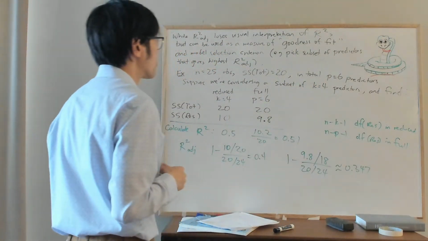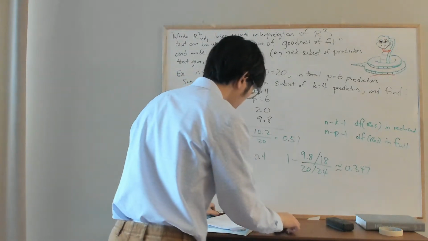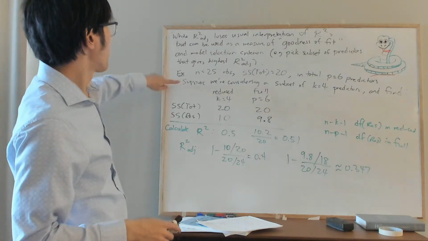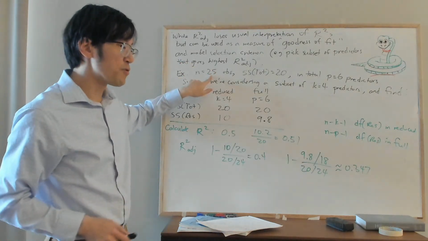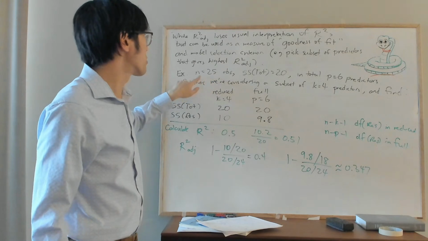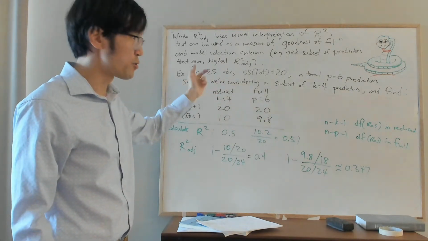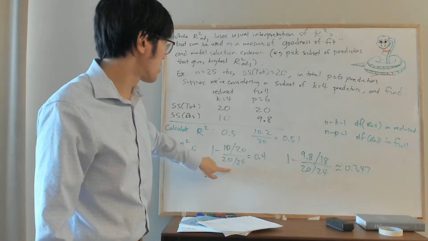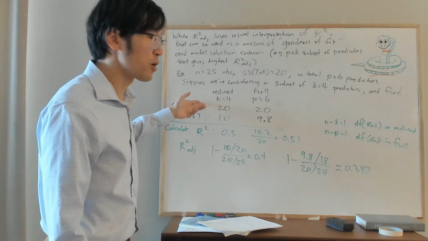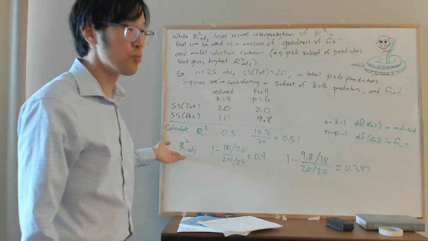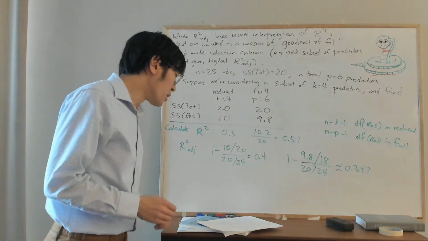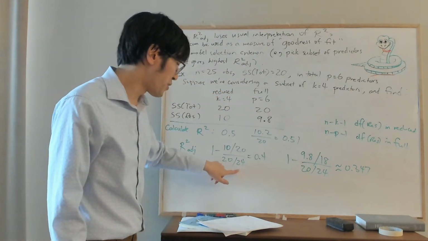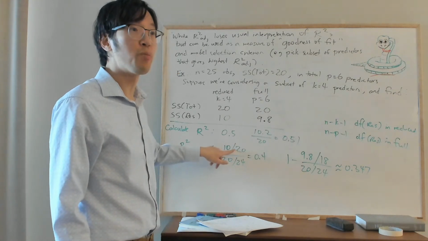One other thing to notice is that if the number of observations is extremely large, so if n is in the millions or close to infinity, then R squared adjusted is going to converge to R squared, because in one denominator you have n minus 1 and the other one is n minus k minus 1.